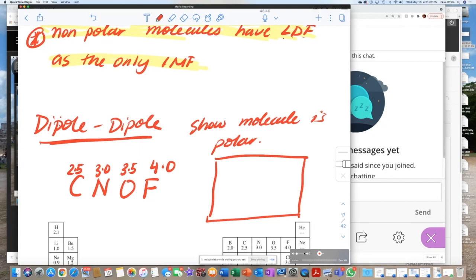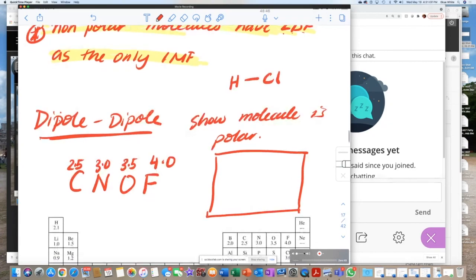So if you have two elements in the bond, for example, hydrogen and chlorine, you want to check for the electronegativity difference. Hydrogen is 2.1 based on this table that I have right here. I brought in the table. This is 2.1. And then chlorine is 2.5. The gap between these two is 0.4, right?